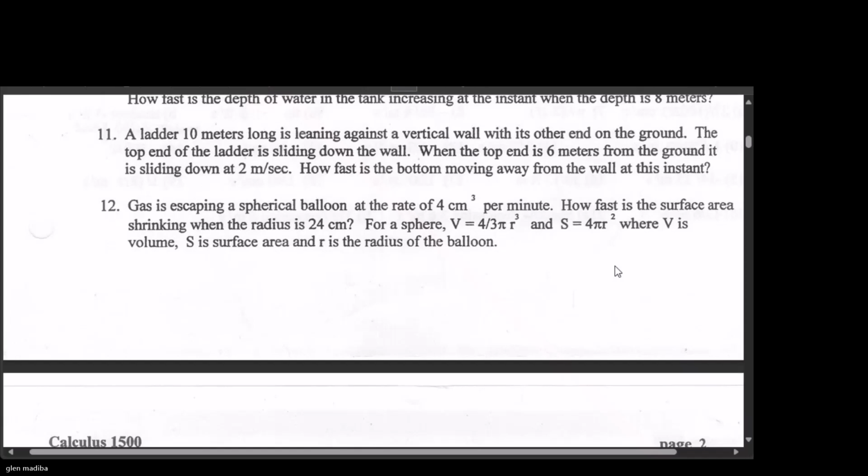Okay. My question, right? I'm just going to look at the formula. Now, I would like to know something.